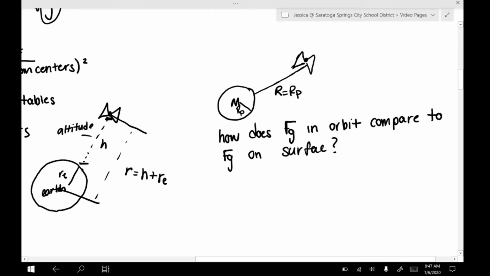So we are now at a grand total of 2 radii of the planet from the center. So the masses haven't changed. Big G hasn't changed. What has changed is we have doubled the distance. So we essentially want to ask ourselves, if we double that R, then what happens to FG?